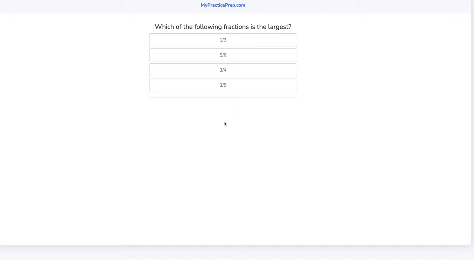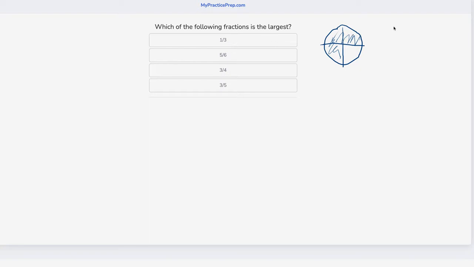Which of the following fractions is the largest? So with fractions, sometimes it's easier to visualize a pie. So let's look at 3/4, for example. If I take a pie, divide it into 4 pieces, and fill in 3 of those 4 pieces, that's what that looks like.